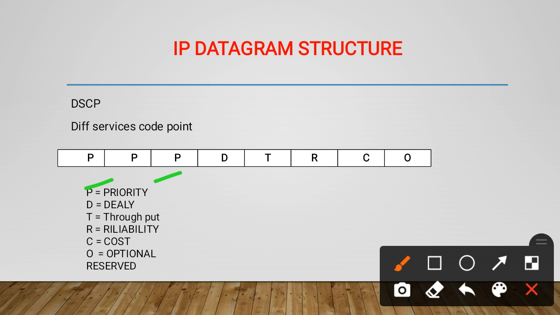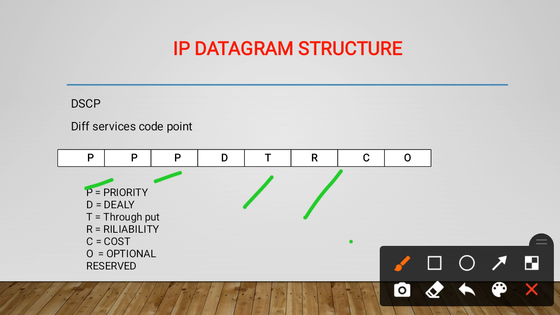Then after this there is a delay bit: if the data can be delayed for some time, we write 0, otherwise we write 1. T is throughput, meaning the rate of transmission: if a high rate of transmission is required, T is 1, otherwise T is 0. R is reliability: if reliability is required, write 1, otherwise 0.